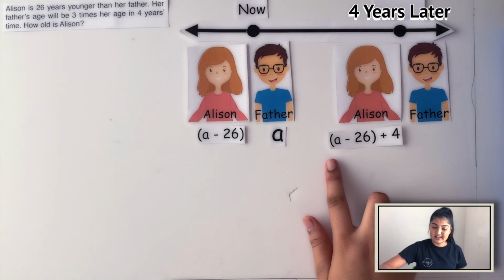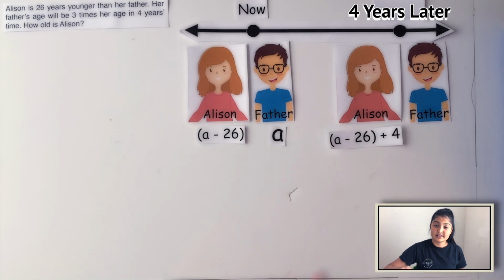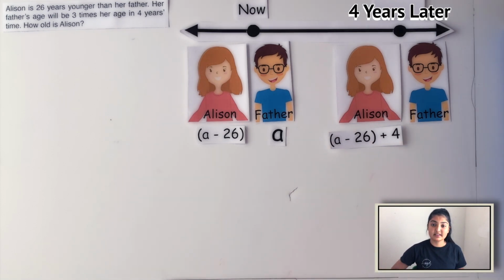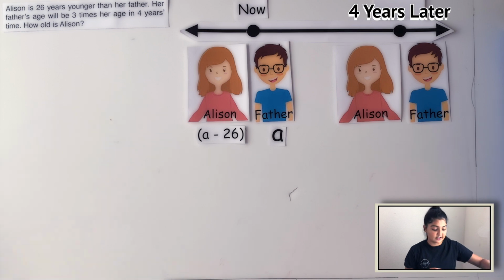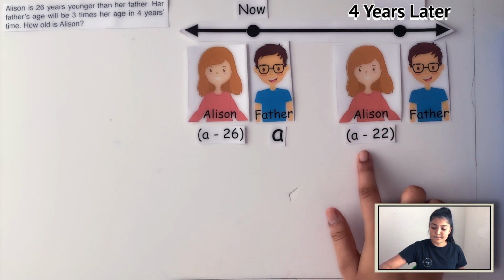So a minus 26 plus 4, which we can simplify. Negative 26 plus 4 is negative 22. So Alison's age in 4 years would be a minus 22.